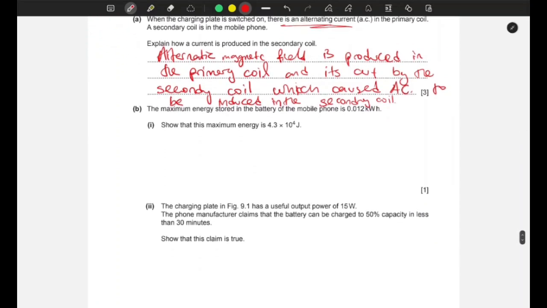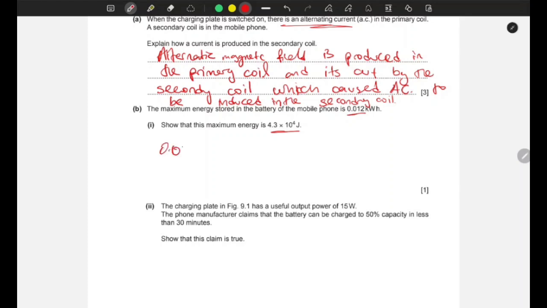Part B, maximum energy stored in the battery of the mobile phone is 0.012 kilowatt hours. Show that this maximum energy is 4.3 times 10 to the power 4 joules. Okay, so it's kilowatt hour. What I have to do first is convert this to watt hours.